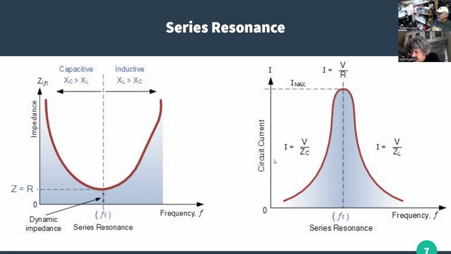The second one is plotting the current. So at a very low frequency, we have very low, if any, current. And the current increases kind of exponentially until we get to resonance. And at resonance it's going to be at its maximum, and then it's going to decrease as we increase frequency.